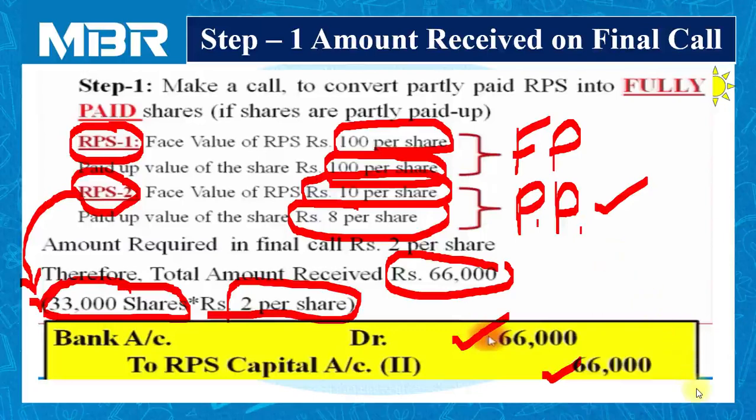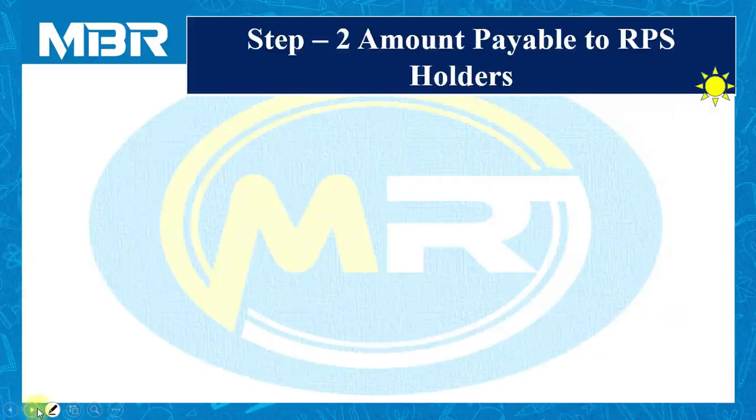And on the basis of the information given to us, we have to make a call. After understanding step number 1, that is amount received on final call, specifically on partly paid shares, let us move to step number 2.